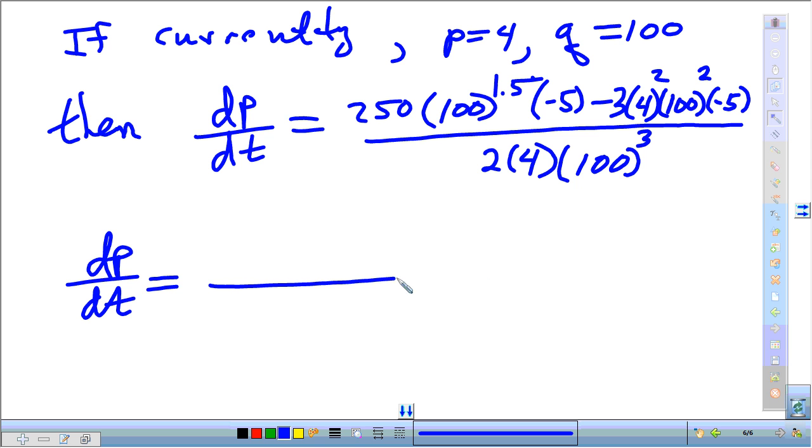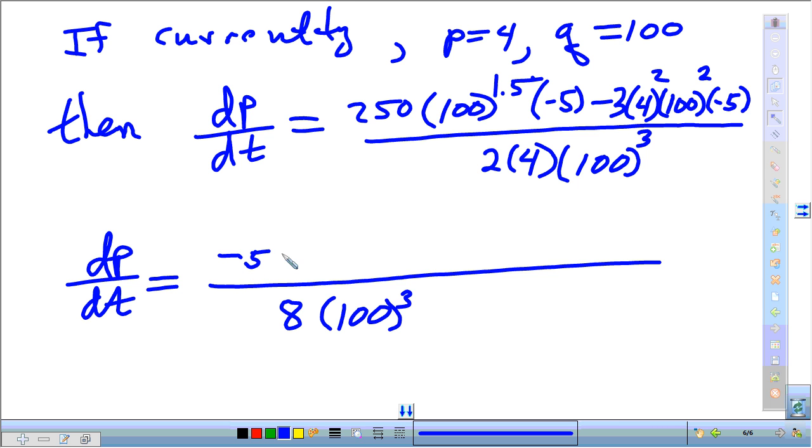So if I work this out a little bit, let's see what we get. The half power of 100, that's just the square root, that would be 10. And this is 3 halves, so this is 10 cubed. And we have a minus 5.